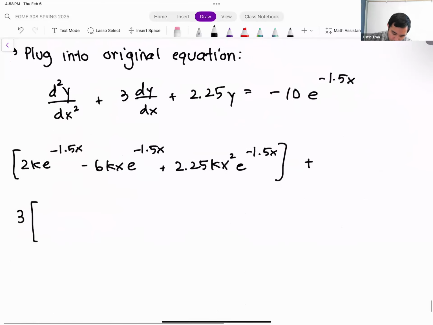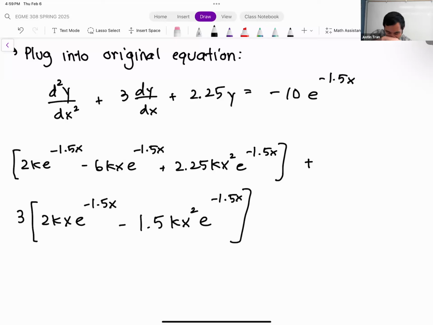So 3 times 2kx e to the minus 1.5x minus 1.5 kx squared e to the minus 1.5x. That is dy dx. And finally, we have 2.25 multiplied by y.